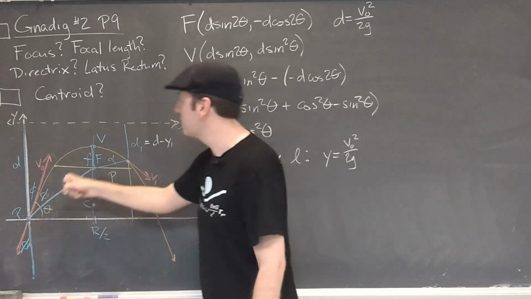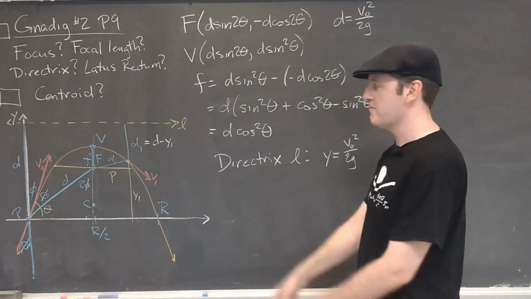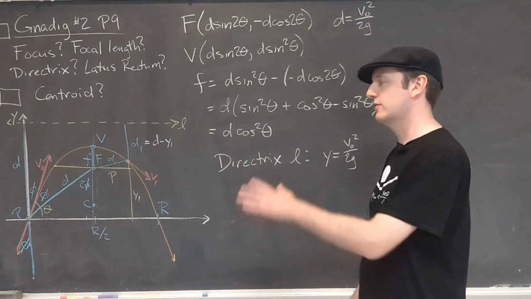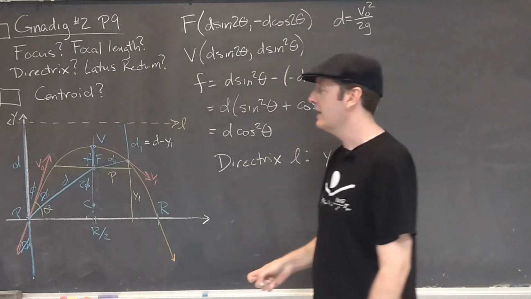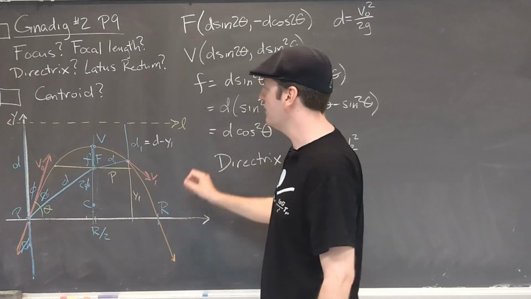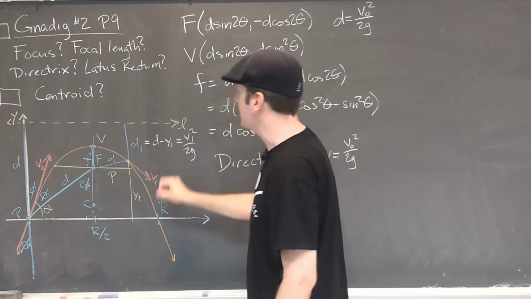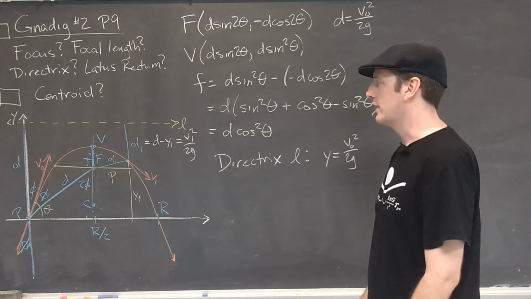After all, d was related to v naught using a particular geometrical argument. There wasn't really anything special about that point. I could have taken any point here and looked at the tangent and looked at the angles and found the double angles and all of that. And so we could show that this d1 is also v1 squared over 2g. In other words, it will depend on the speed of this object at the point where it is.